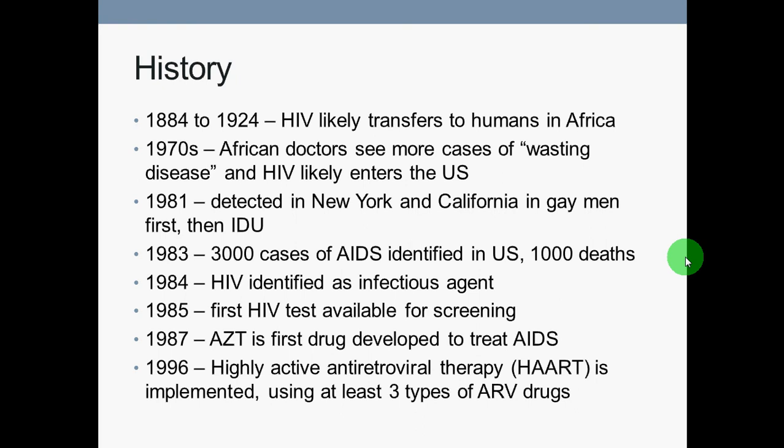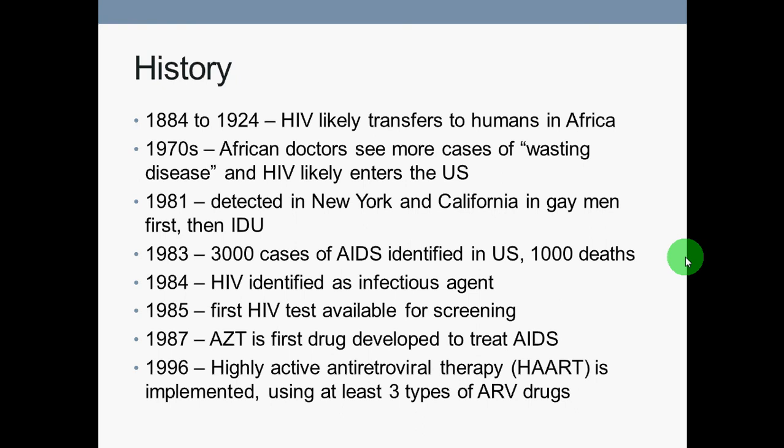1987, the first drug used to treat AIDS came on the market. That's AZT. But it was only one drug, and what we found out since then is that only using one drug to treat HIV leads to drug resistance. So finally by 1996 is when highly active antiretroviral therapy, or HAART, was implemented.